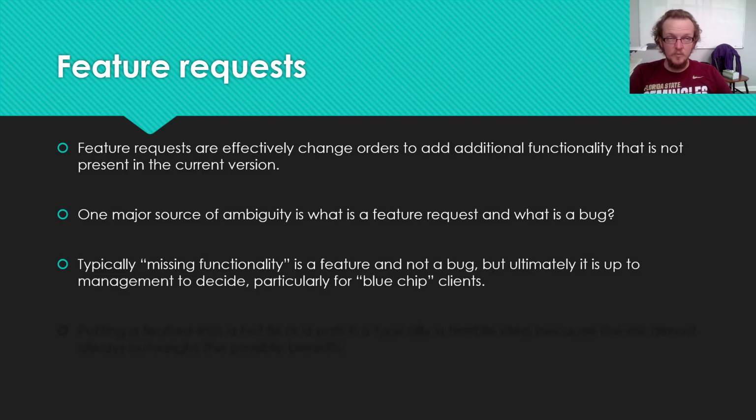The waters get even more muddy when you have a really high dollar support or maintenance contract with a client, and they are a very good client and they faithfully pay their bills, and suddenly they very, very deeply want a feature added. You can sometimes squint really hard and make that into a bug.